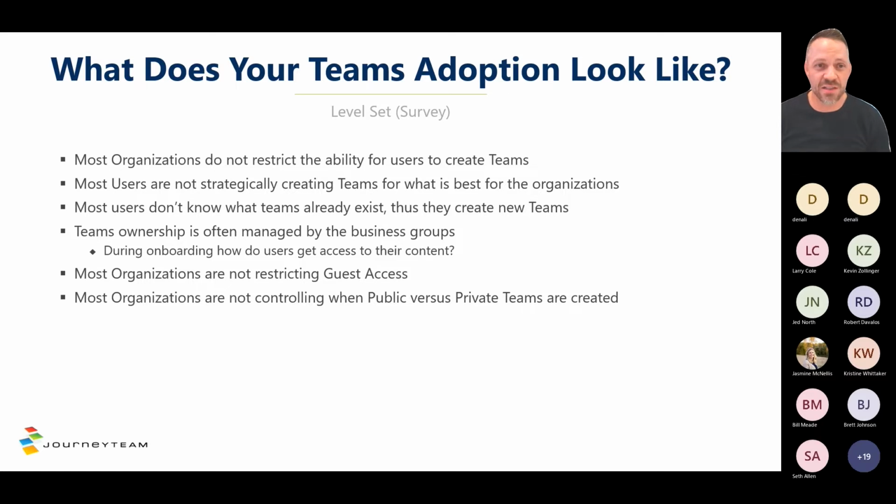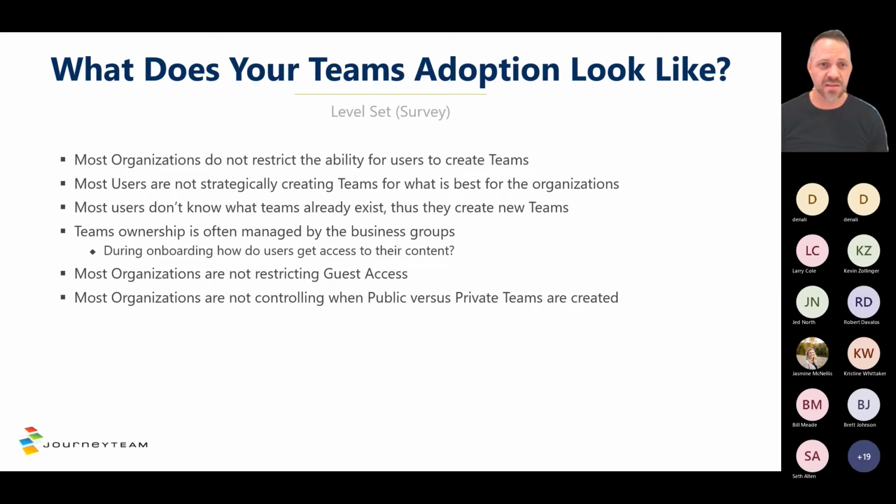Second, most users are not strategically creating teams, right? They're not looking at it at a 30,000-foot view or org-wide level view and saying, how do we organize our data? They're focused on my job, what I need to do to accomplish, and I'm not thinking outside of that. And so I'm not in a position to strategically be provisioning collaboration spaces. Most users don't know what teams already exist, right?